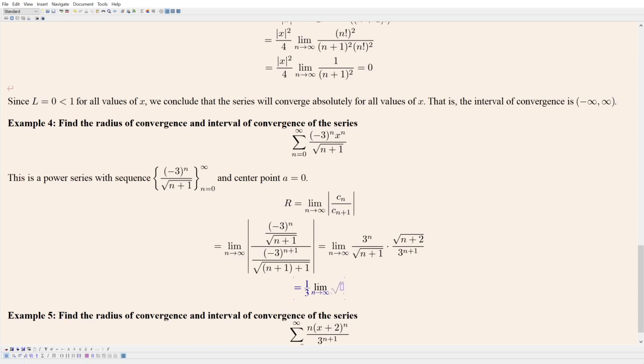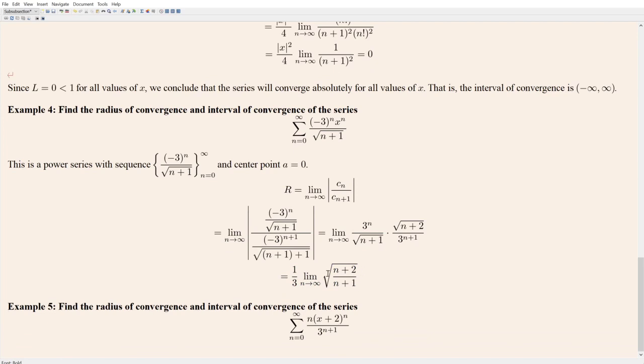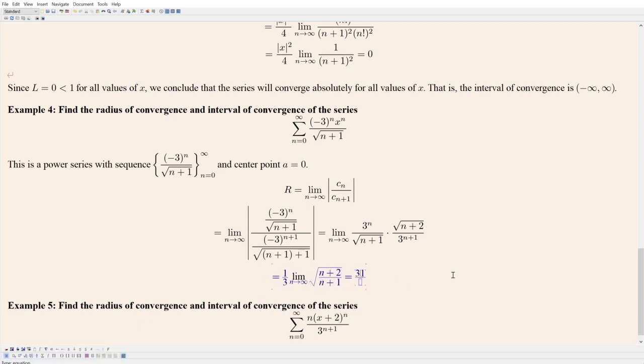That means it's a big root. N plus 2 over n plus 1. Now, square root's continuous, so I can pull the limit underneath. The limit of this dude is 1, because the top and the bottom have the same degree, so it's 1 divided by 1. Square root of 1 is 1, so all this is 1, so it all just becomes 1/3.